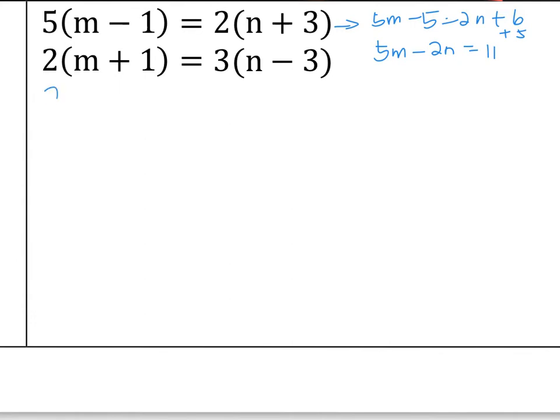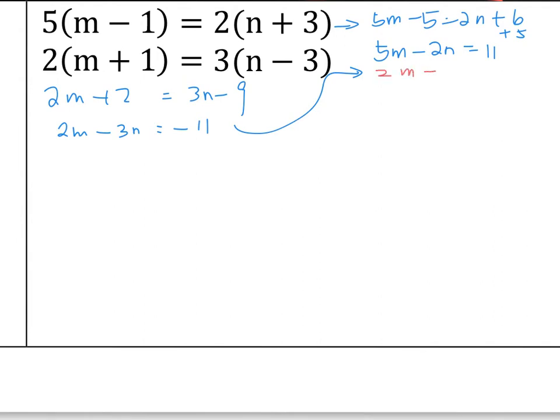And for this one, 2m plus 2 equals 3n minus 9. So 2m minus 3n equals negative 11. Alright, and I'm going to have to put these two equations next to each other, or line them up. I will rewrite this here.